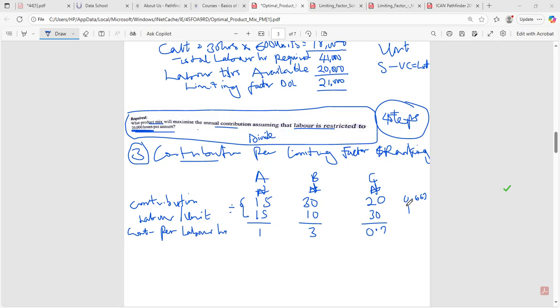If you have 0.67, she's absolutely correct. Don't go and approximate to 1, because you're going to have 1 here and another 1 there, which will be a collision. In case you want to ask, is there a scenario where both of them can be 1 and 1? In ICAN questions, I have not seen where both of them are equal. Where both are equal, you would need to consult qualitative factors to know the one you are going for.